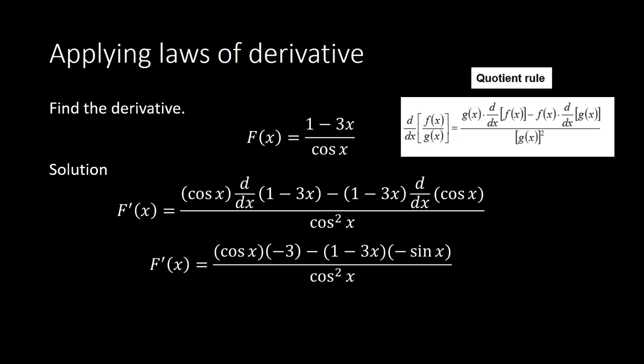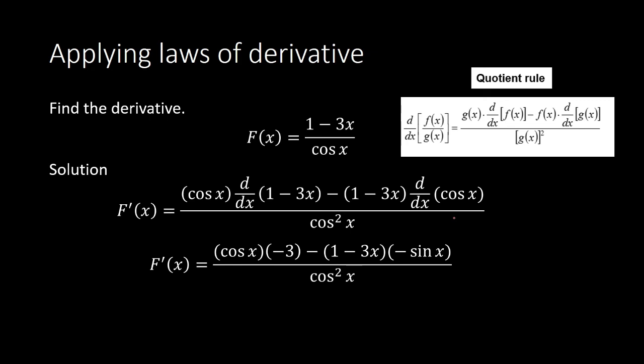So f prime of x is equal to cosine of x, and then look at that, that is a difference of two functions. The derivative of 1 with respect to x is 0, minus the derivative of 3 times x, which is 3, so this becomes negative 3. And then minus, copy this, the derivative of cosine of x with respect to x is negative sine of x.